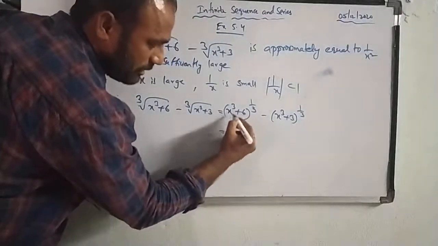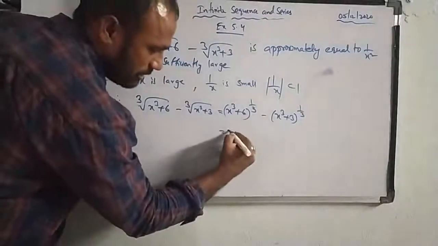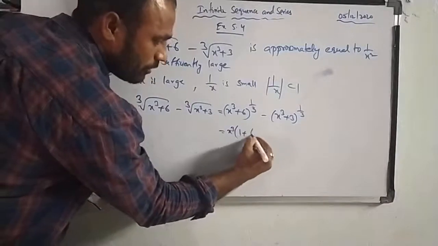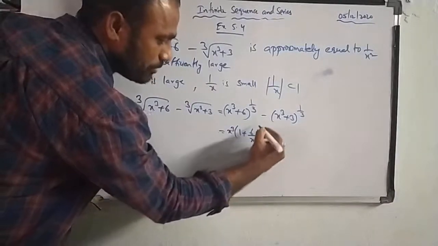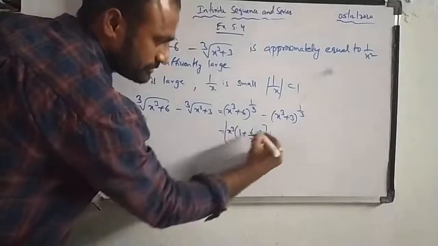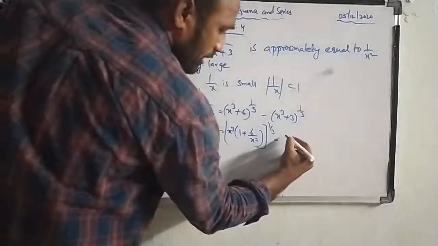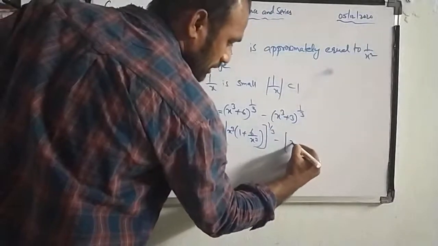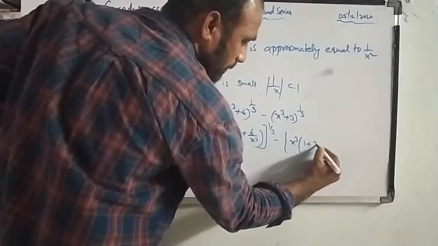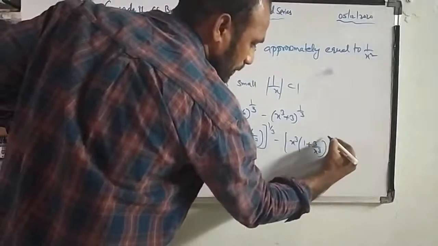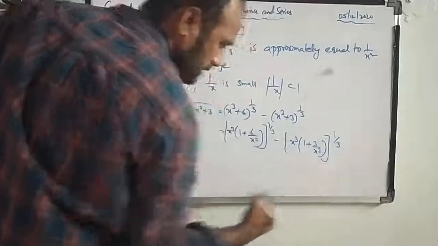So I will take x cube common. That is x into (1 plus 6 by x cube) whole to the power of 1 by 3 minus x cube, I can take common, that is (1 plus 3 by x cube) whole to the power of 1 by 3.